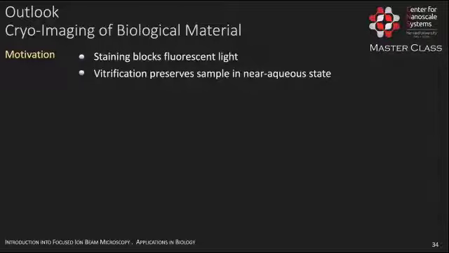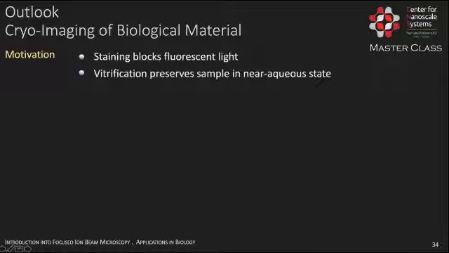And so therefore we have an incompatibility with fluorescence imaging, and so we are depriving ourselves of all these tools that are in principle available. And with vitrification, you have a potential chance to get into that field.